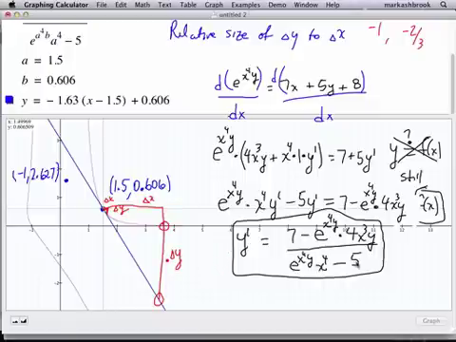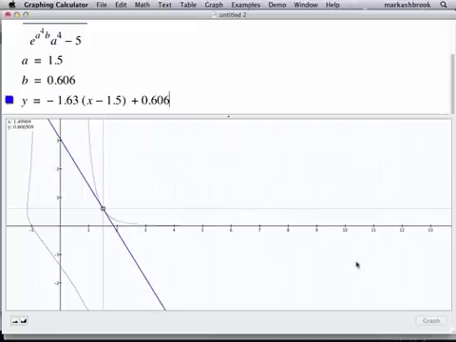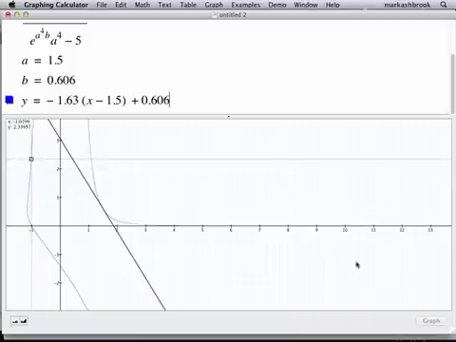Okay, but I lost this point over here, so I think I've got everything. So let's do it for this one. Okay, close enough, 1.001.